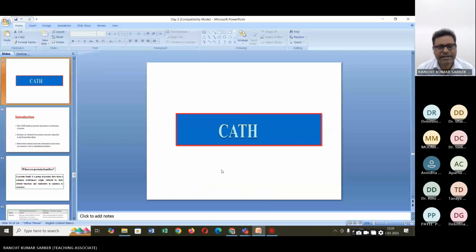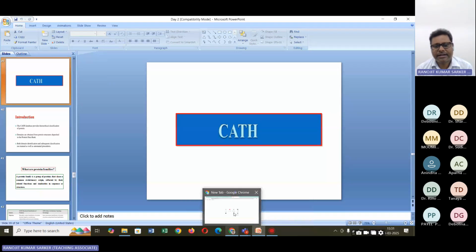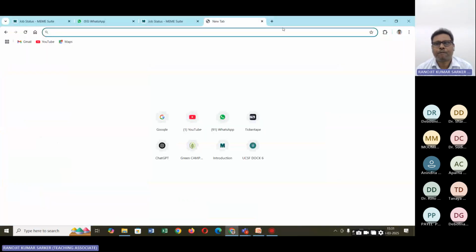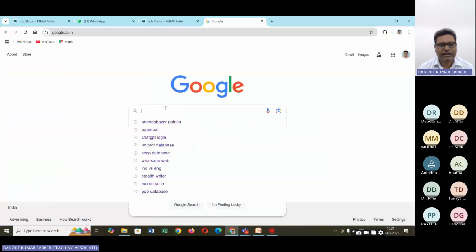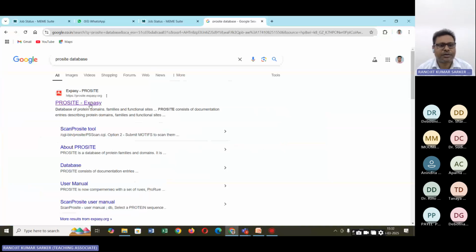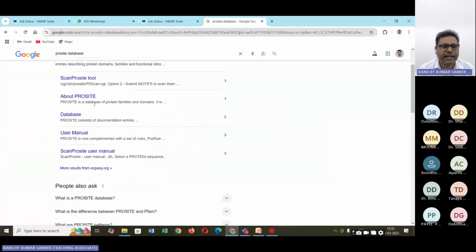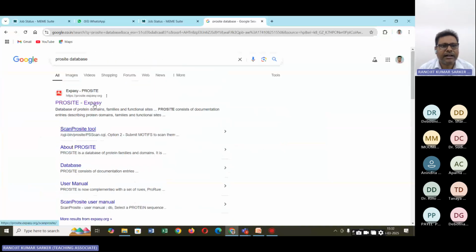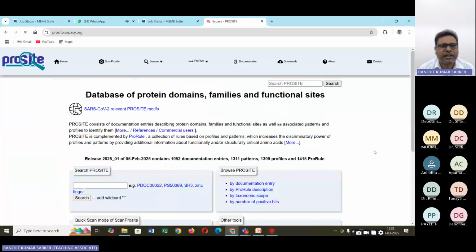Let's discuss the ProSite database. To scan the ProSite database, we can go to the web and access it. You can see this is listed at the Expasy server.